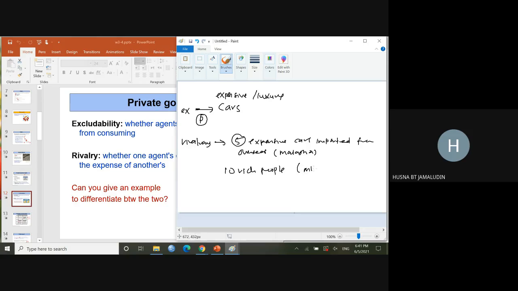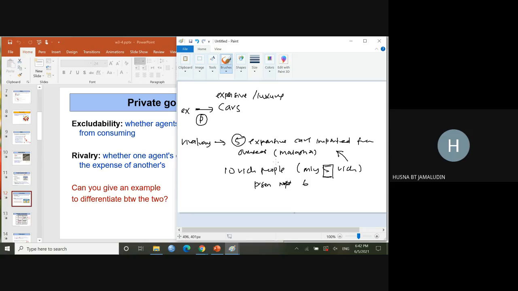Okay, so let me write it. Only 5 rich people can get these 5 expensive cars. So person number 6, let me write it here, person number 6 cannot purchase this car anymore. So we can say that the consumption of these 5 rich people is actually at the expense of the other people.